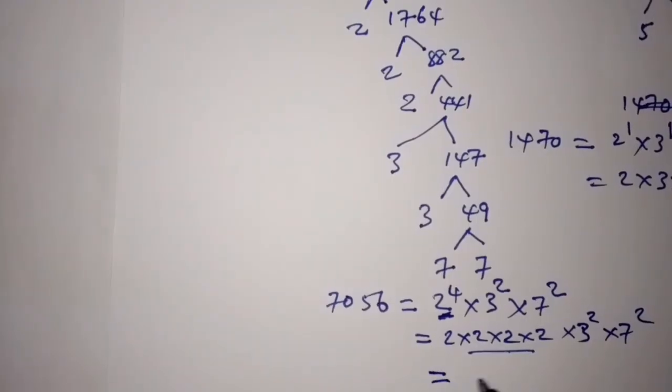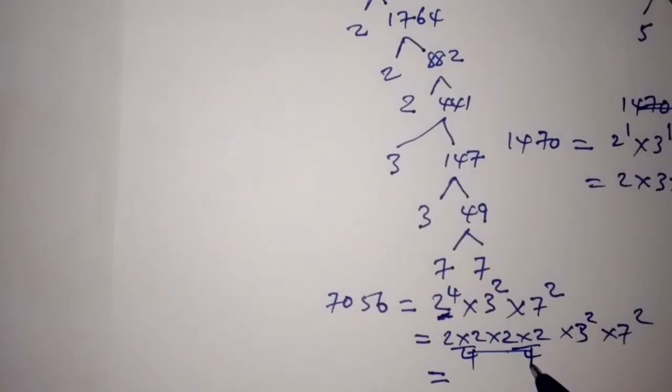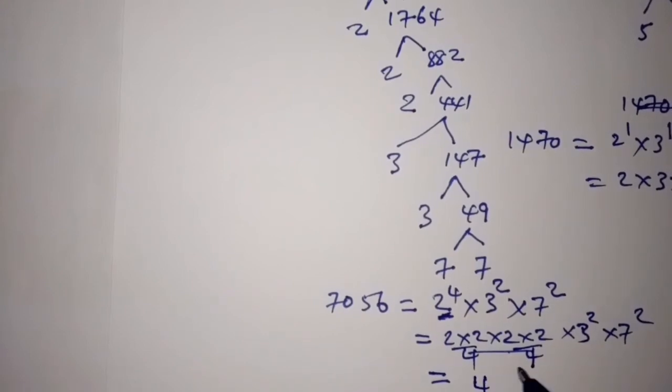We can still write 2 times 2 times 2 times 2 as 4 times 4, because 2 times 2 is 4. So we can write it as 4 power 2 times 3 power 2 times 7 power 2.